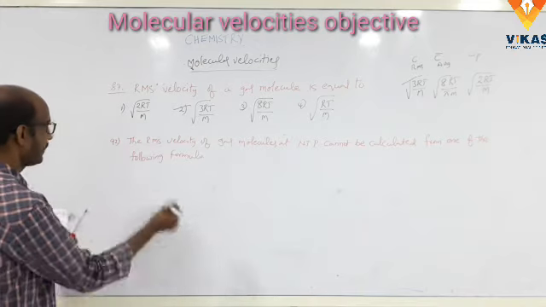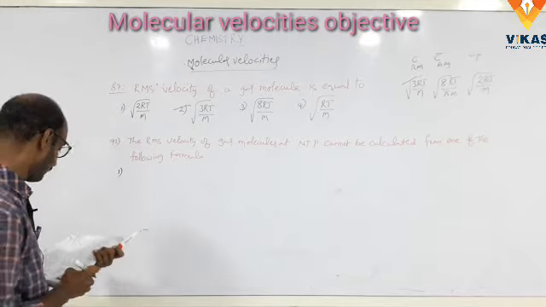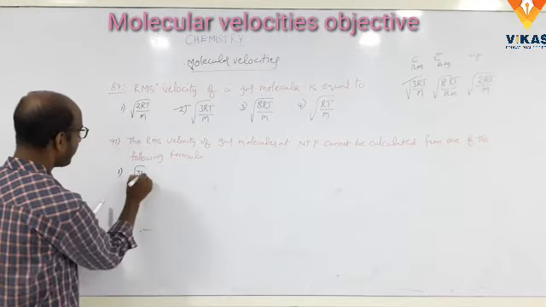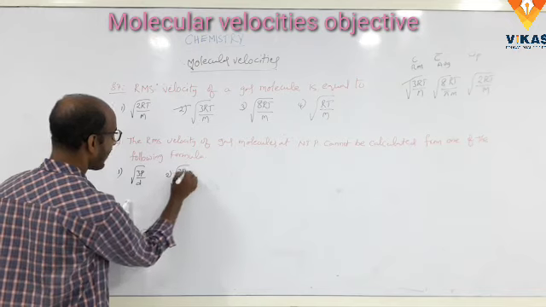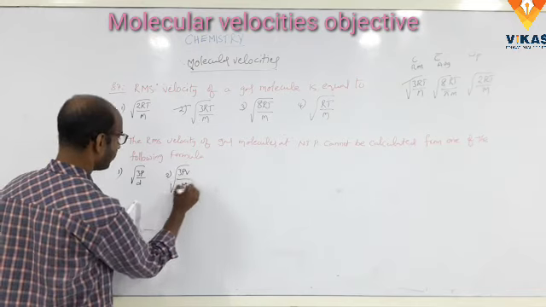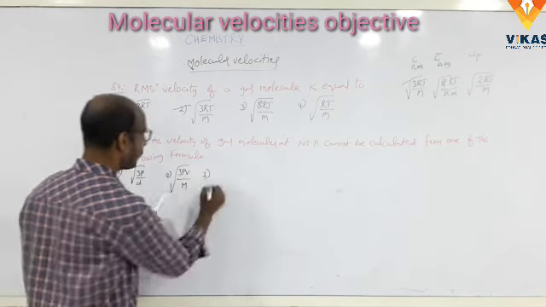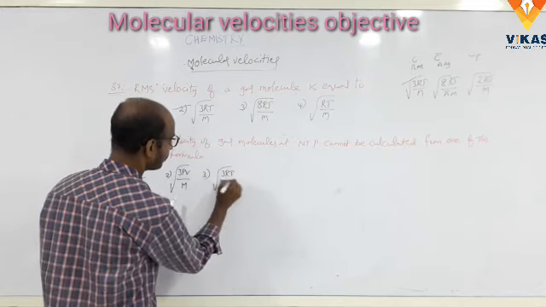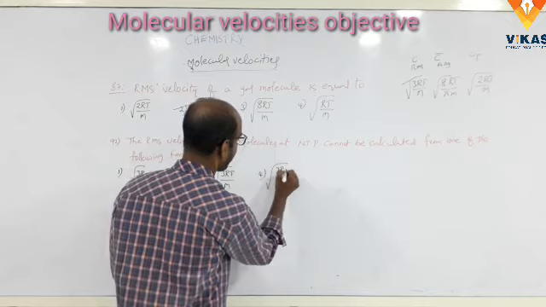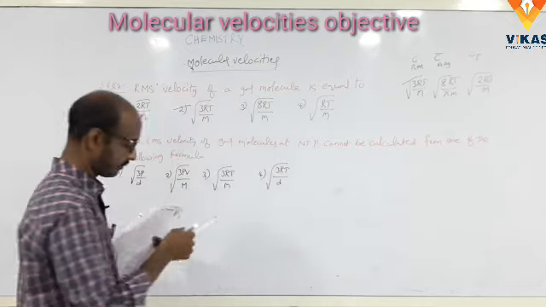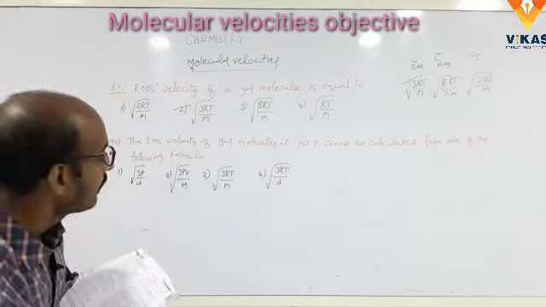Four options are given. Number 1, under square root of 3pV by T. Second, under square root of 3pV by M. Third, under square root of 3RT by M. And fourth, under square root of 3RT by D. Clear, Nana?